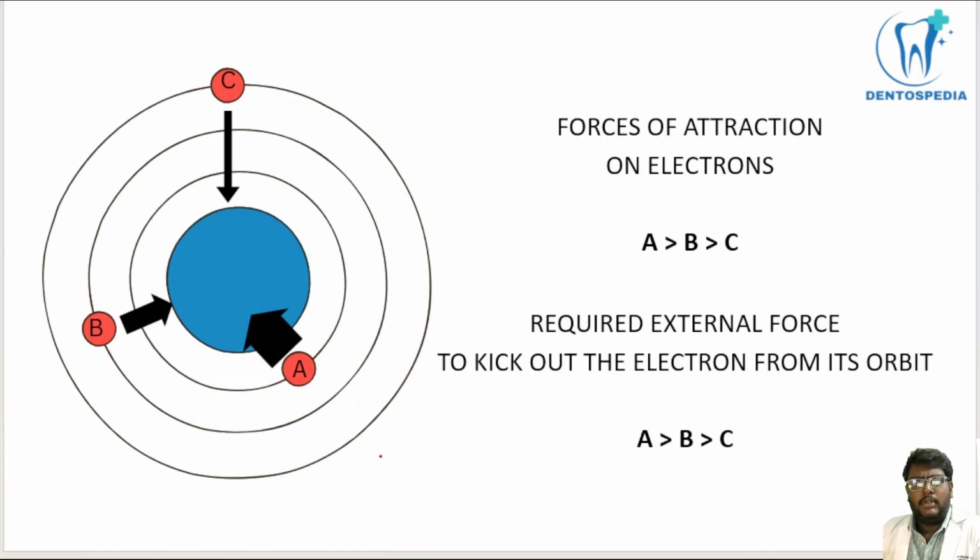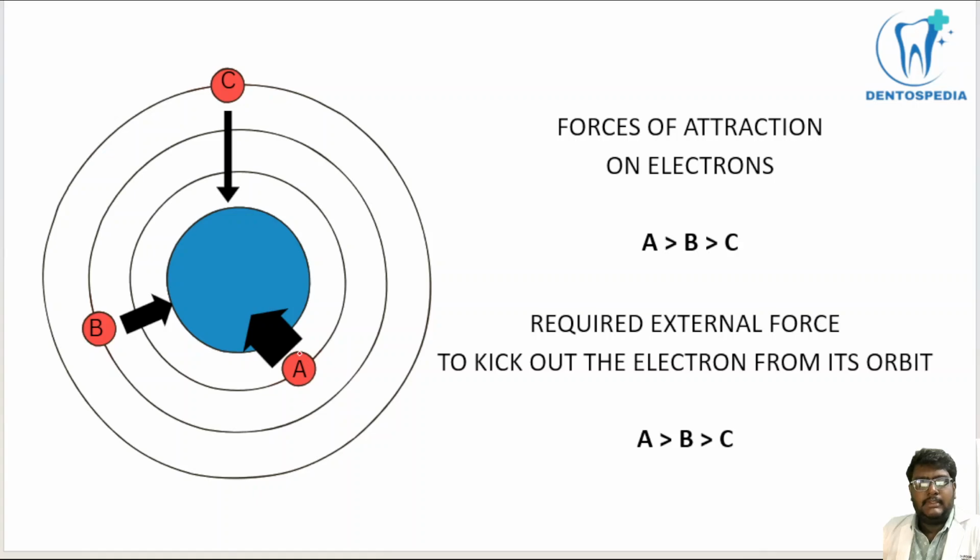In this slide, we are going to discuss the forces of attraction between the nucleus and the electrons. We have learned that electrons are revolving around the nucleus, right? So the nucleus exerts electrostatic forces of attraction on the electrons. Electrons closer to the nucleus experience more force of attraction when compared to the electrons present in the outer orbits.